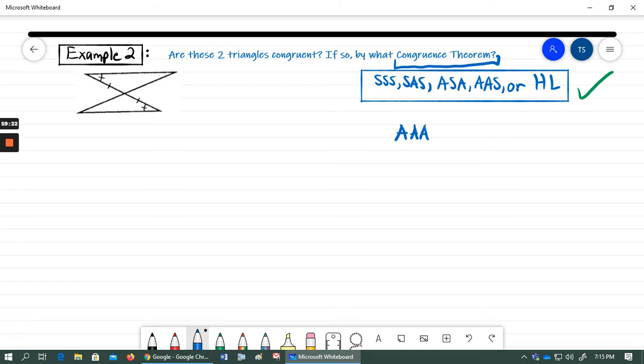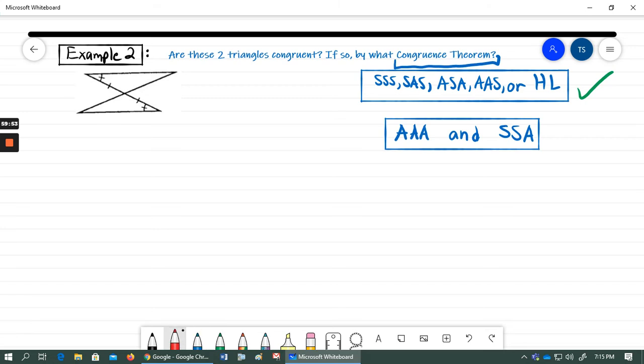Okay, triple A, or you may see two sides and a non-included angle. And folks, if you see these two that I'm writing right here, if you see these two, run!